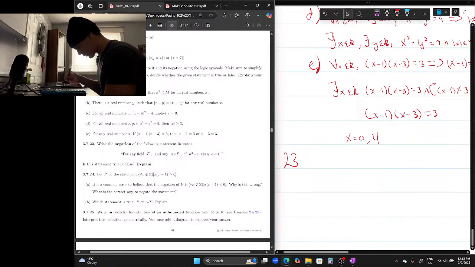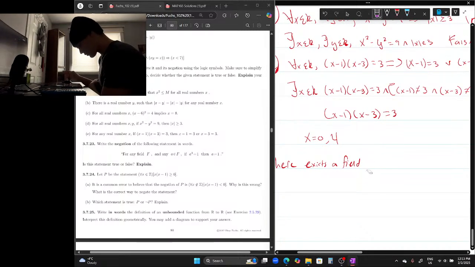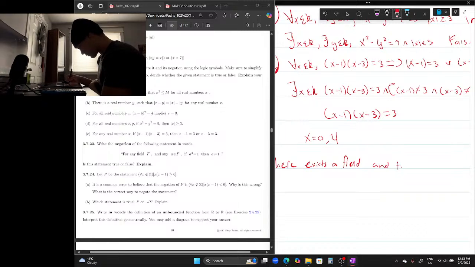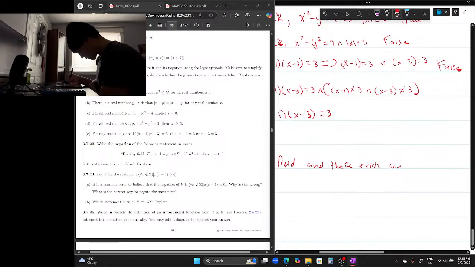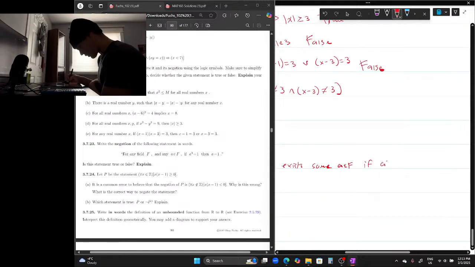Alright. For any field F and any A in F, if A cubed is equal to 1, then A is equal to 1. There exists a field and there exists some A in F such that if A cubed is 1, then A is not equal to 1.